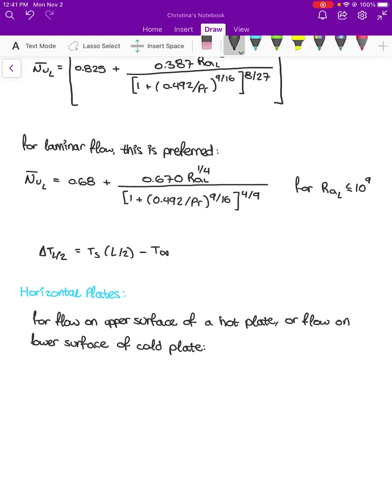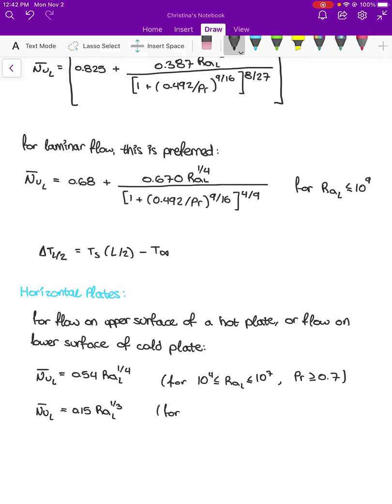The first one is that the average Nusselt number is equal to 0.54 times the Rayleigh number to the power of 1/4. The second correlation is that the average Nusselt number is equal to 0.15 times the Rayleigh number to the power of 1/3, and it has slightly different bounds for when it is appropriate to be used.